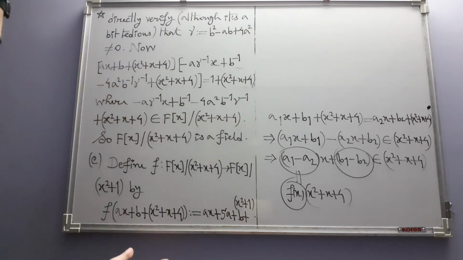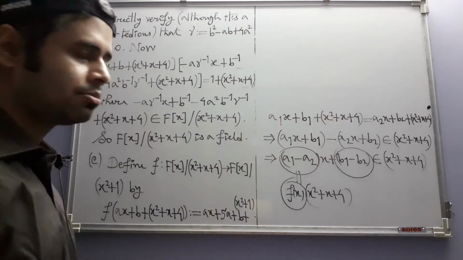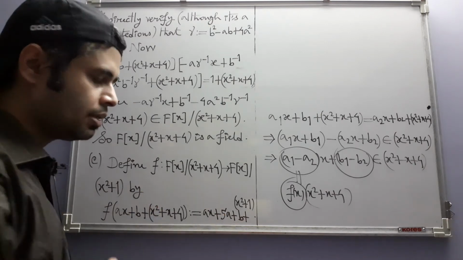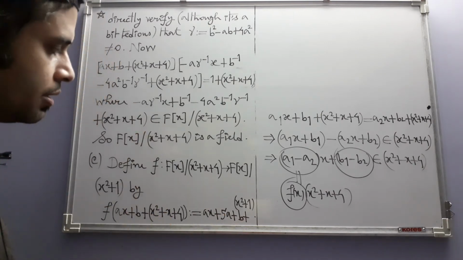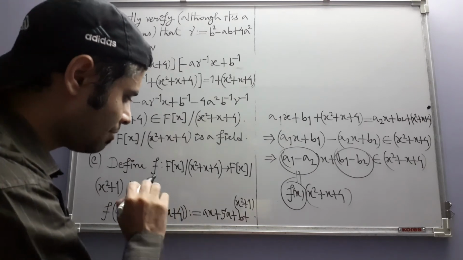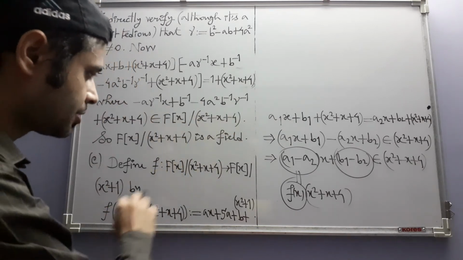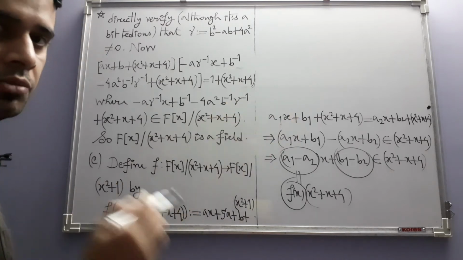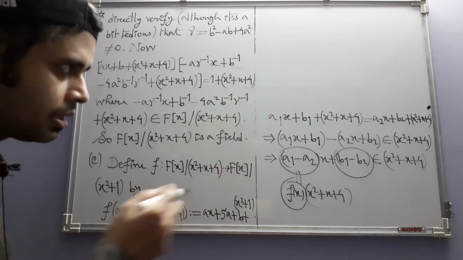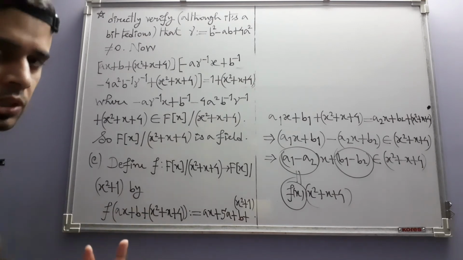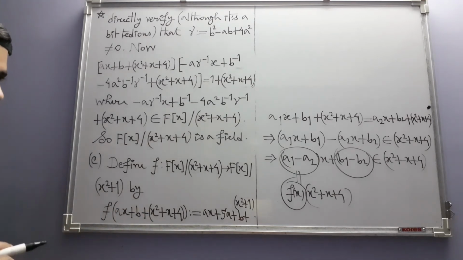And f respects addition, that is also very easy. You have to add these two polynomials, apply f on that sum, find the image. The other thing is that you have to apply the function to the cosets individually and add the images. Those two things you will see are equal. So f respects addition.